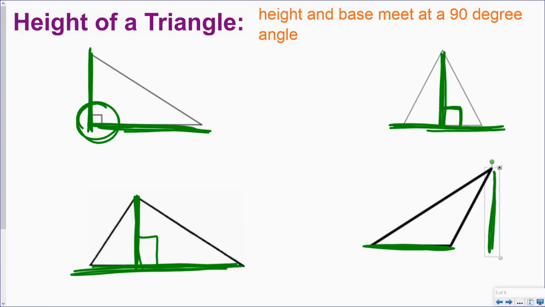So there's my height, here's my base, and then I have this little extra here to show that they're actually meeting at 90 degrees. Now, this extra here, you're not going to measure, because you're only going to measure from here to here for your base.